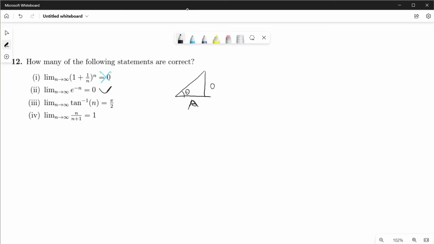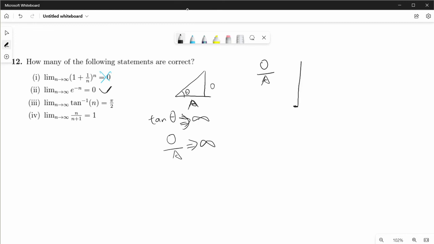So this is saying that when this relationship of opposite over adjacent is infinity, because there's a certain angle that we don't know that has the value of infinity, or approaches infinity, that means the opposite over adjacent is approaching infinity.